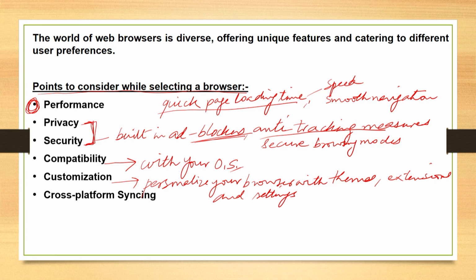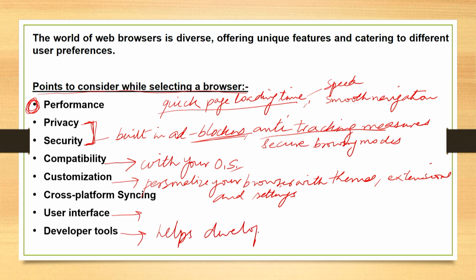Cross-platform synchronization should be there. The user interface should be user friendly, meaning how easily you can access the websites or navigate. And developer tools: some browsers provide developer tools. This helps the developer, like in Google Chrome, where we can get the code written in HTML.